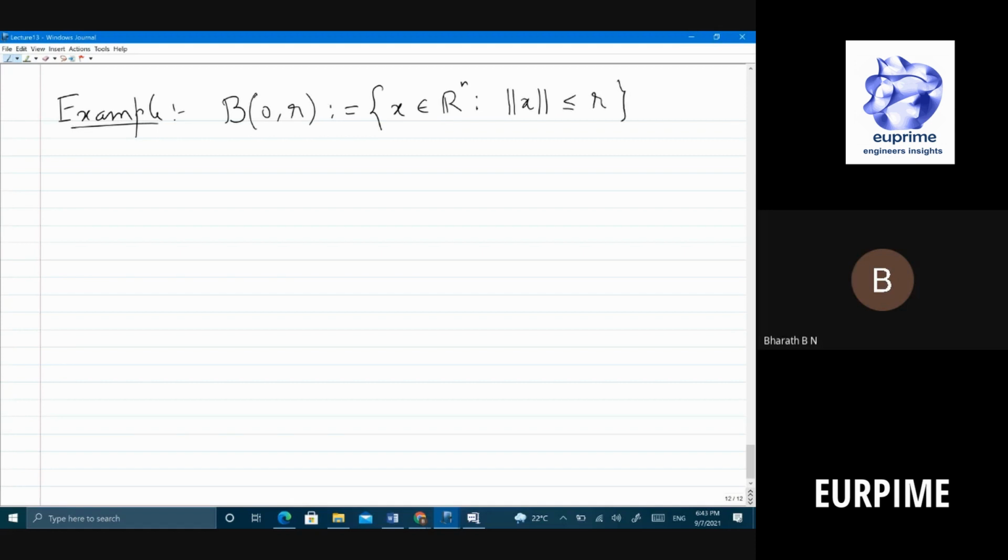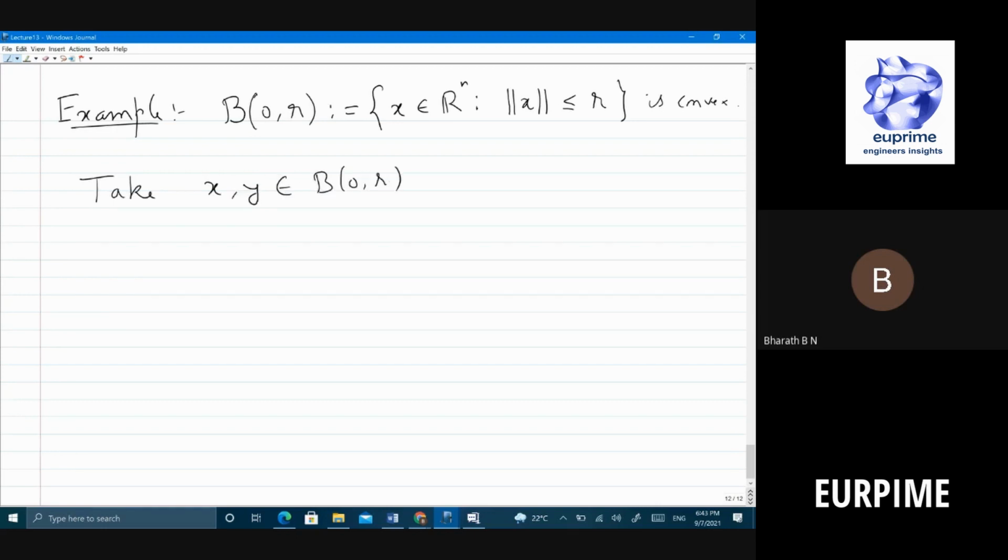For example, if you pick one norm, you will get this kind of a shape, so you won't get a circle. If you take two norm, then you get the usual ball. So how do you prove that it is convex? You take 2 points, x, y belonging to the ball. Let's see if we can prove this easily.